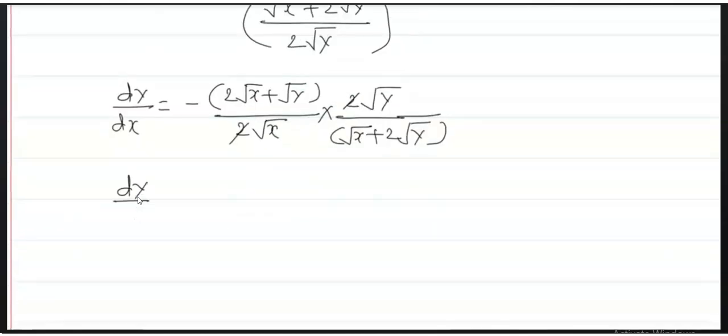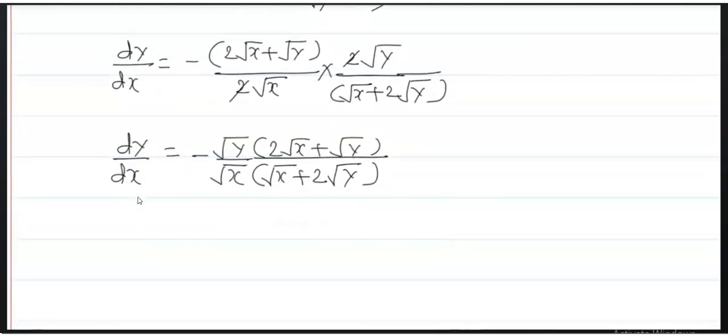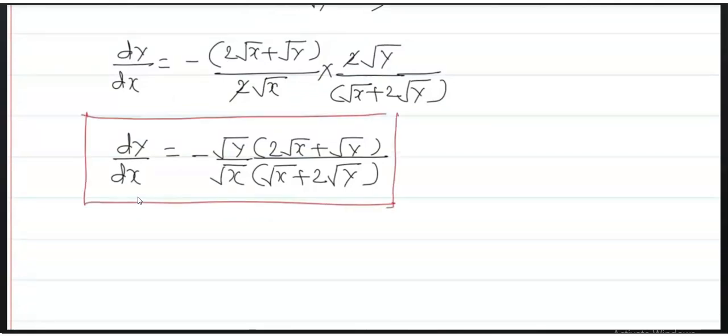The terms get cancelled and you will get dy by dx is equals to minus root y upon root x in bracket 2 root x plus root y upon root x plus 2 root y, and this is the answer.